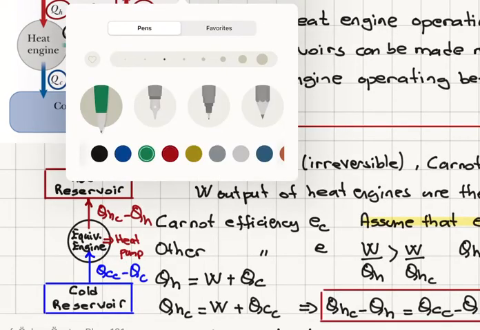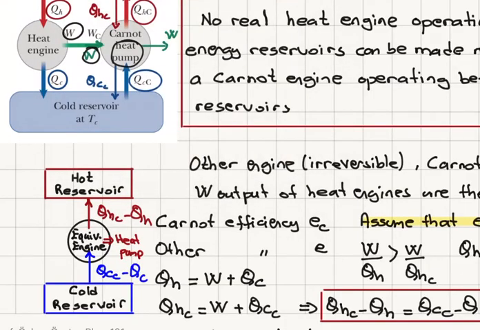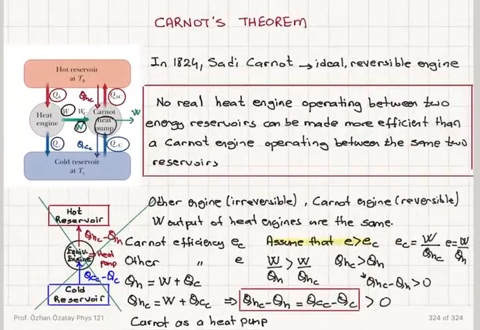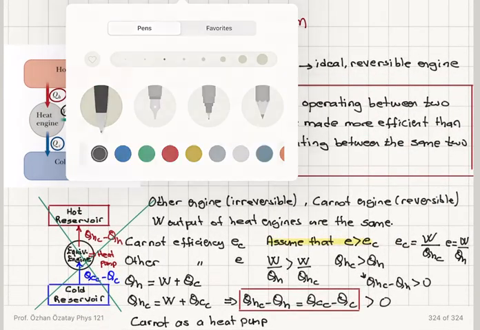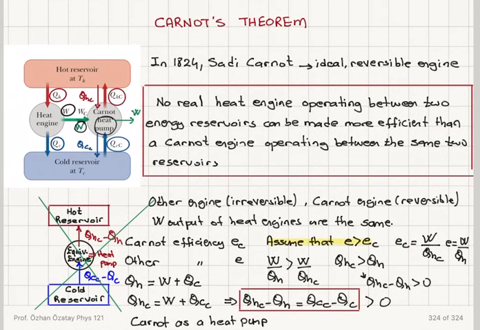Well, what do we know about this result? This is not allowed. Why? The equivalent engine violates the Clausius statement.